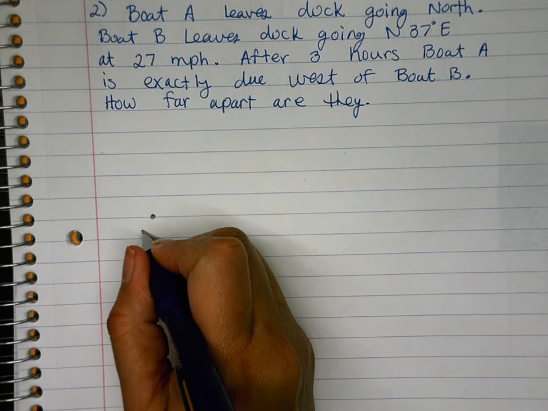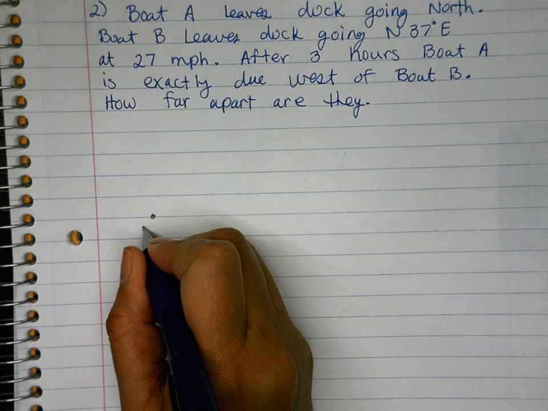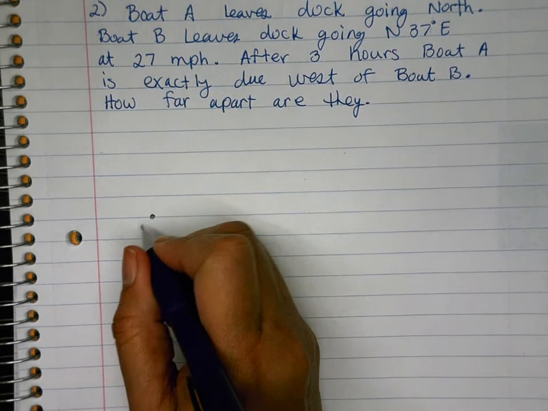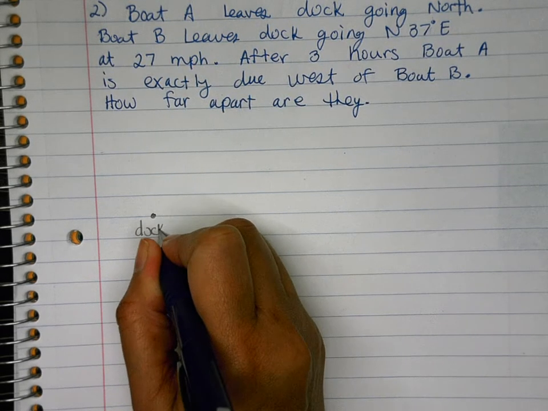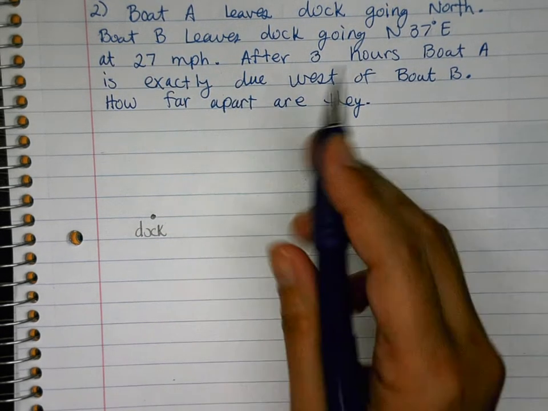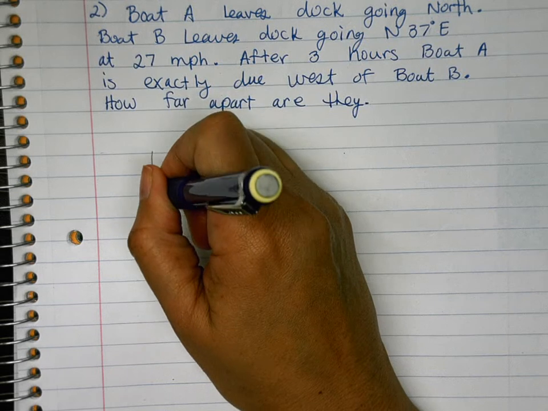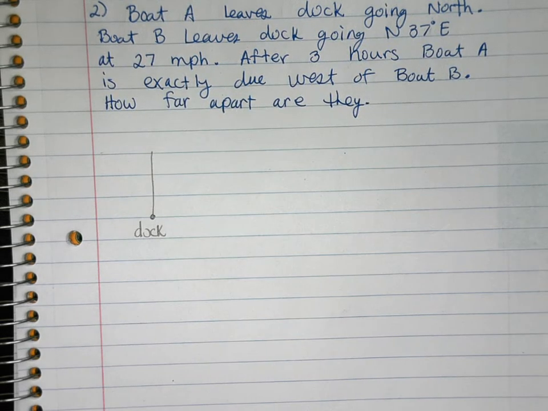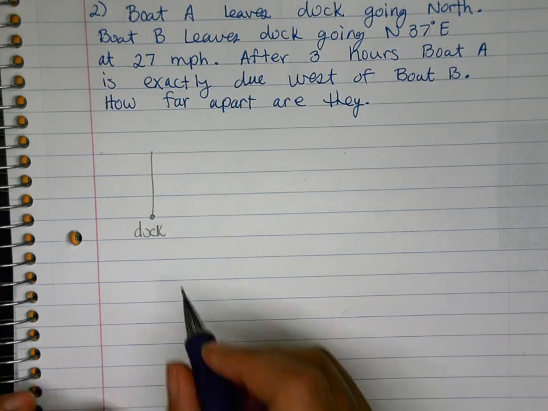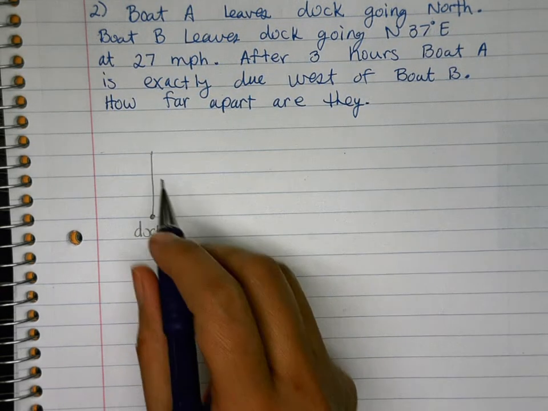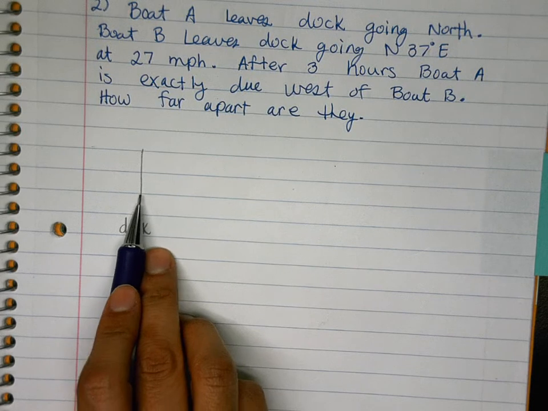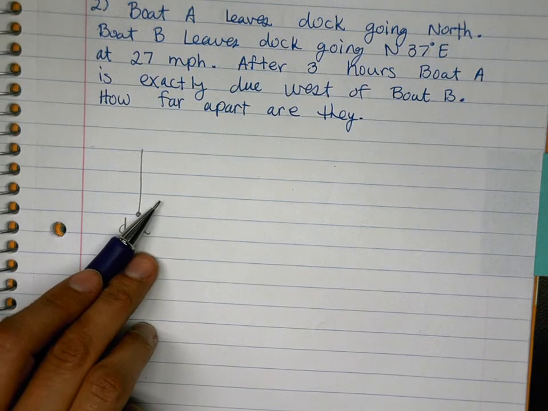This is my docking station, and boat A goes straight north. And boat B leaves the dock, but he goes north 37 degrees east. Do you agree that would be this way here? Yes?